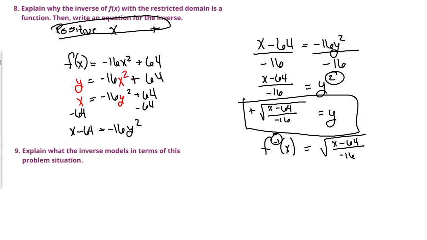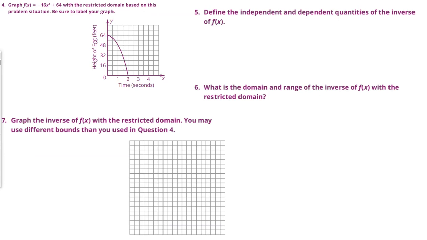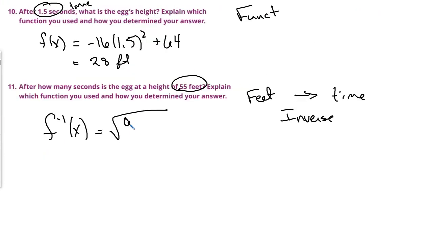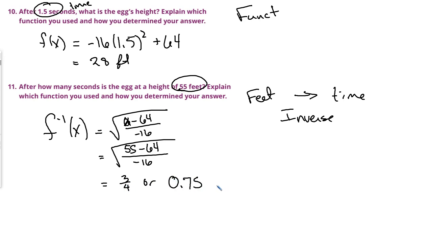I think I just wrote that backwards on the previous problem. Yes, I did. X minus 64 divided by negative 16. And so I can plug in that 55 feet minus 64 divided by negative 16 into my function, and that will give me 3/4 or 75 hundredths of a second. Since we're trying to find the time, that's the most efficient way of going about it.